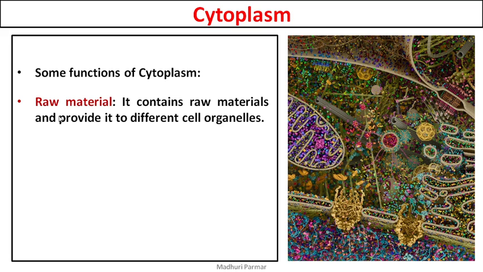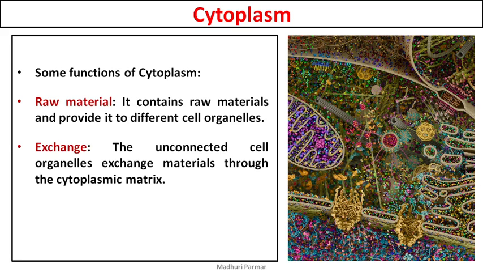It contains the raw material, which is required by different organelles to function well. Fine. Then it does the exchange process. The unconnected cell organelles, because let us consider here is a mitochondria and here is endoplasmic reticulum.